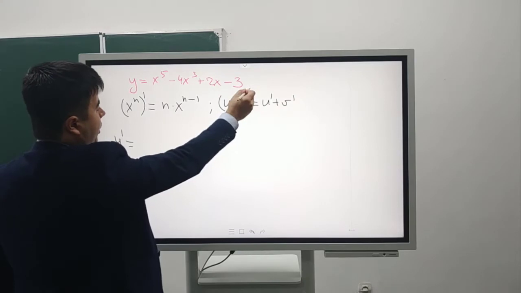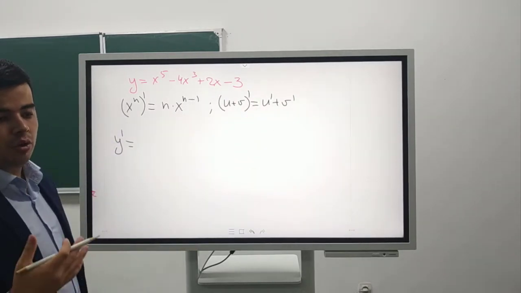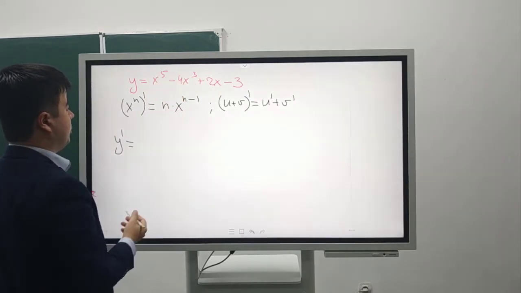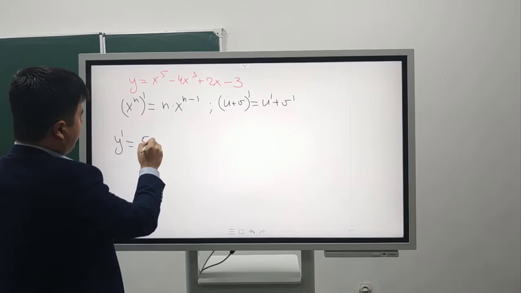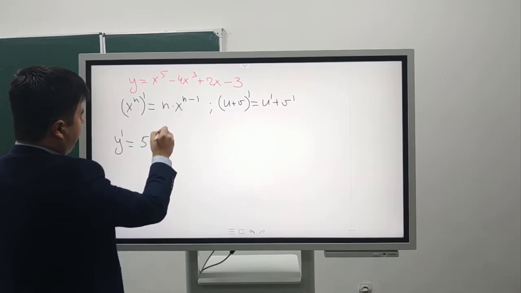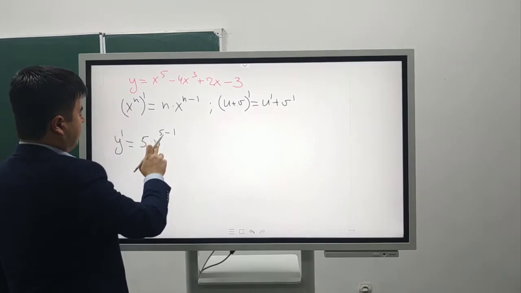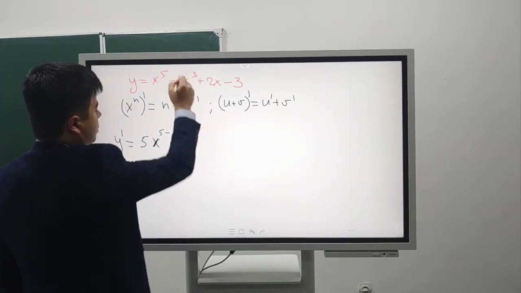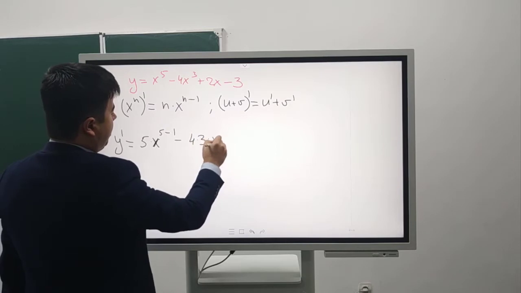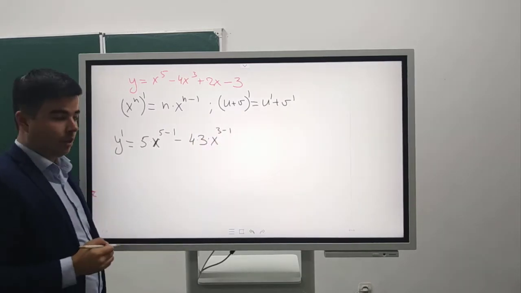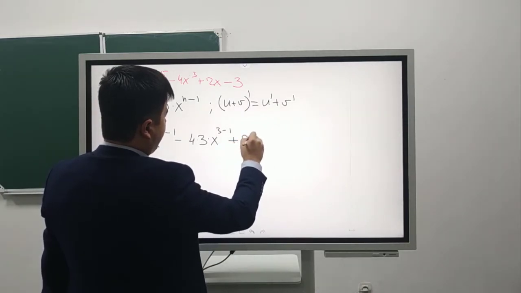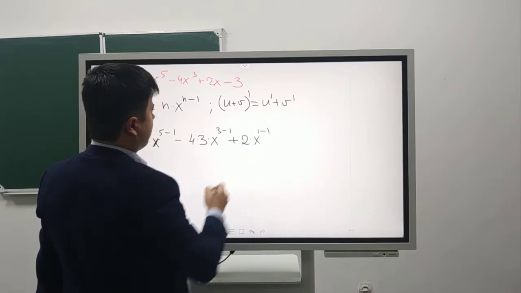It is, we can find each term in the polynomial separately. For x fifth degree, it is 5 times x to the 5 minus 1. Next one, minus 4 times 3, the power, times x to the 3 minus 1. And the next one, plus 2 times x to the 1 minus 1.